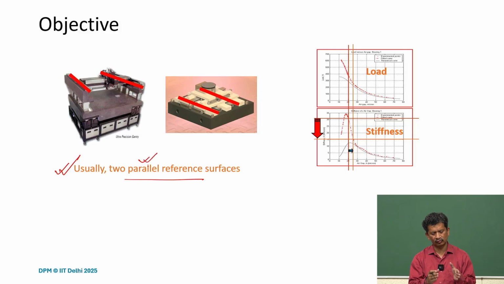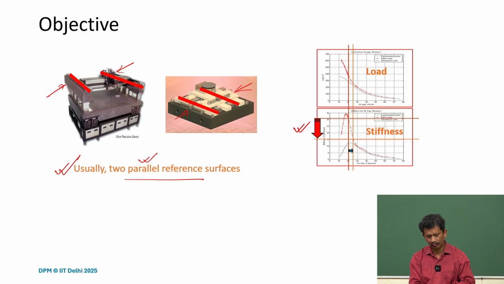If it's two separate parts, as in both the examples you see, on two separate pieces, then during the assembly we have to ensure that they are parallel. Of course, the local deviation and the straightness will also affect this, and we see a change in stiffness because of that.